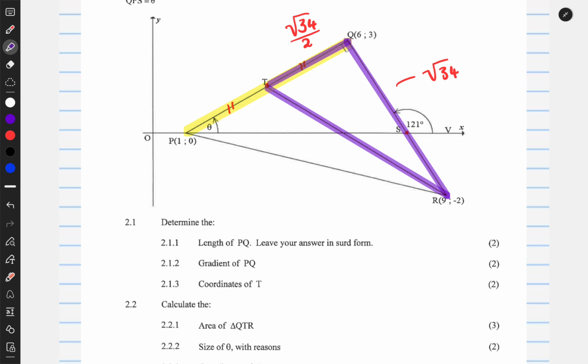Okay, so we can use the formula, which is tan theta is equal to the gradient of the line PQ. We already calculated the gradient of line PQ, so I think we can just utilize that to calculate the angle theta in 2.2.1.